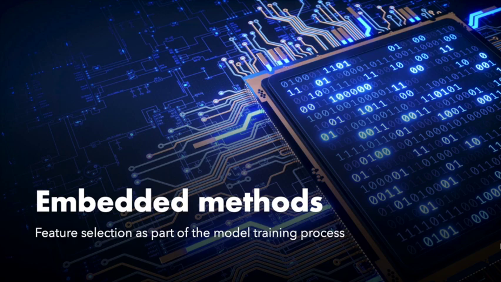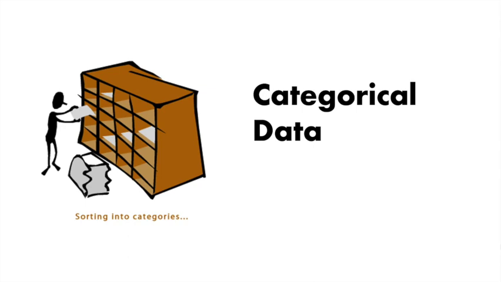Okay, so I think we can close it here with the numerical data and how to do feature engineering for them. And now we move to the categorical variables. A categorical variable, as the name suggests, is used to represent categories or labels.